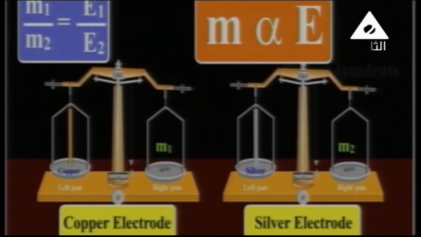The mass of the substance is directly proportional to its equivalent mass. The mass of any substance is directly proportional to its equivalent mass.